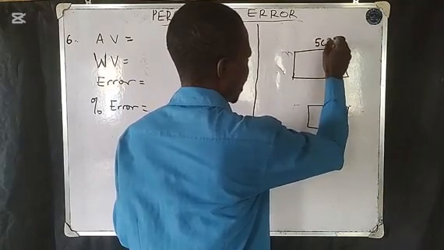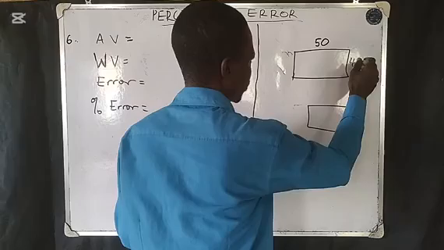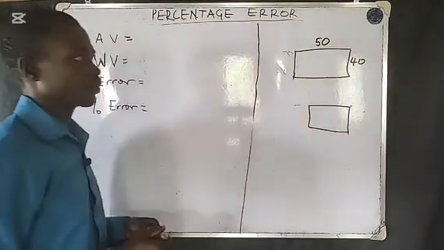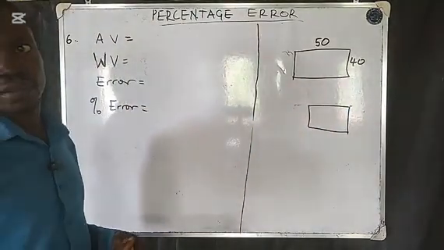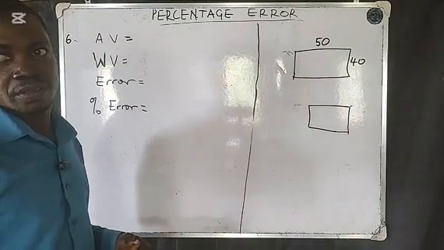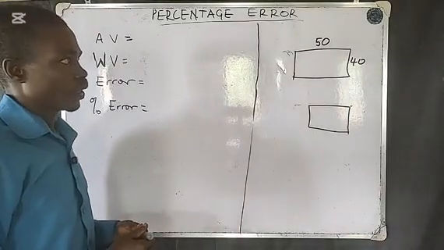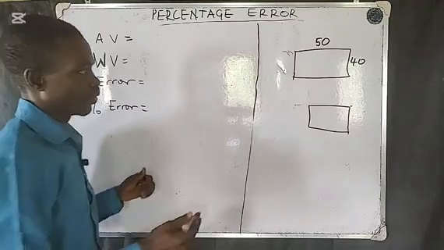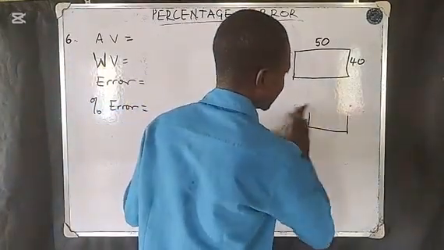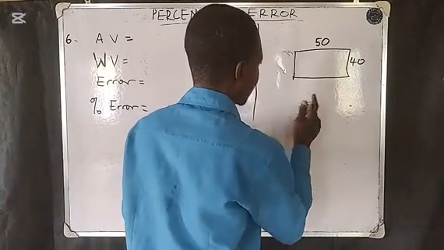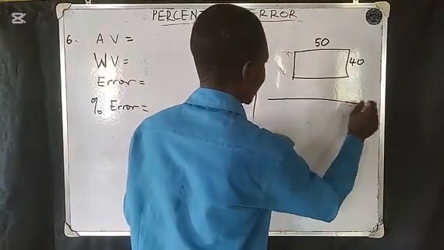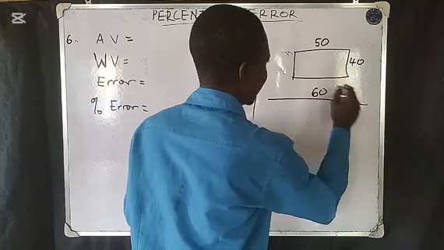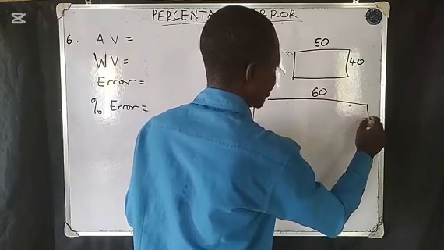Okay, that means 50 is the longer one, right? And 40 is the shorter one, right? Good. The carpenter actually made the desk 60 by 35. Okay, he made this one to be longer. He made it to be what? Longer. 60 by 35. He made this one to be shorter.